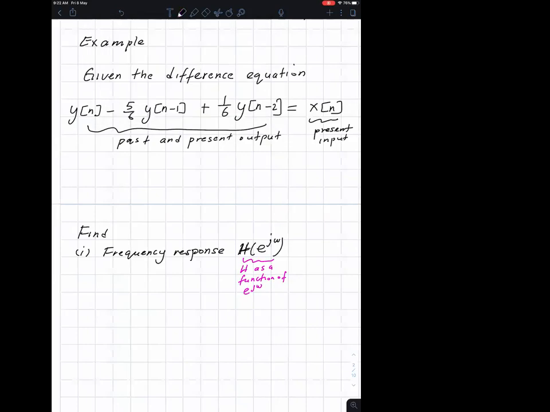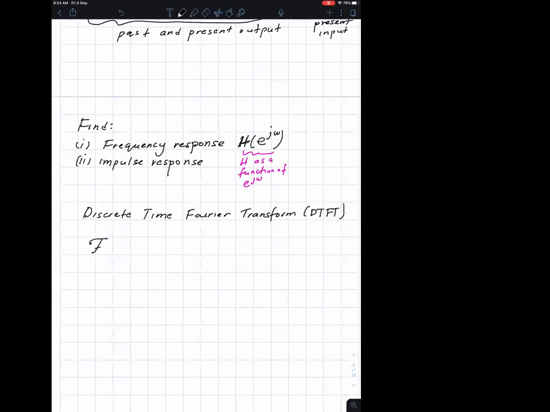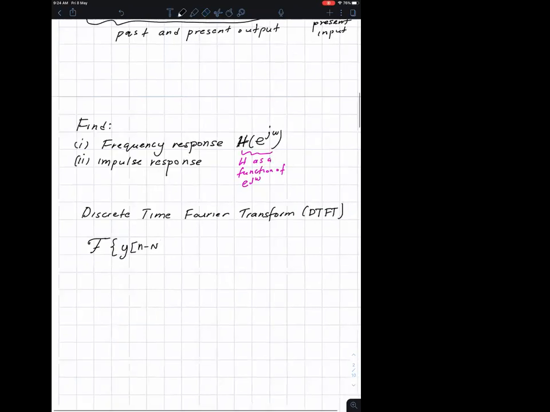Then next, we're going to find the impulse response. The Fourier transform of y with a past value: a past value is the same thing as a time shift.